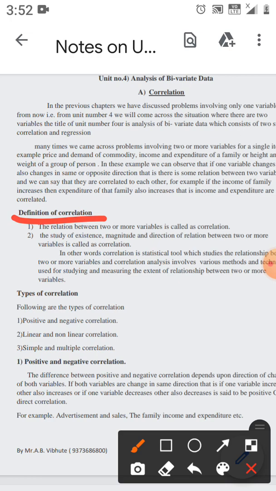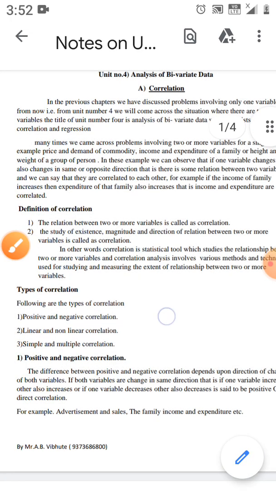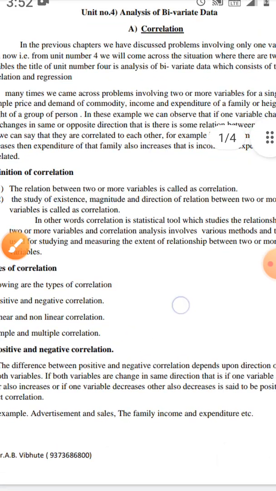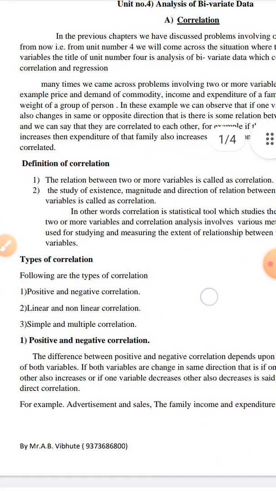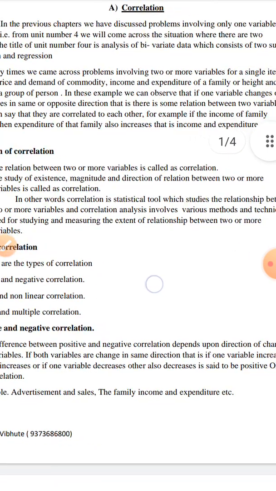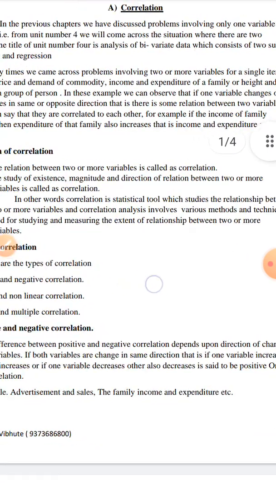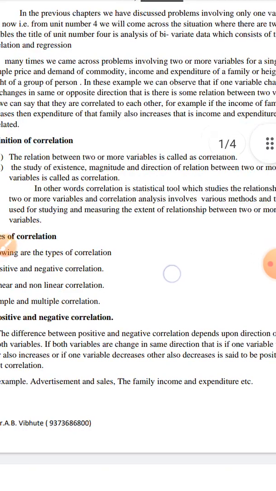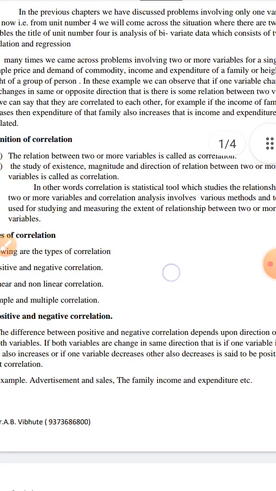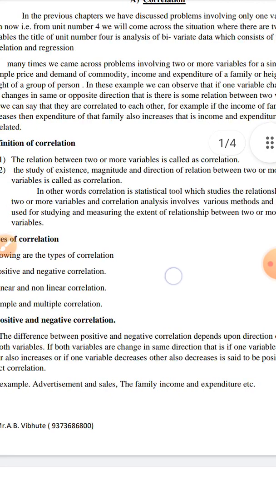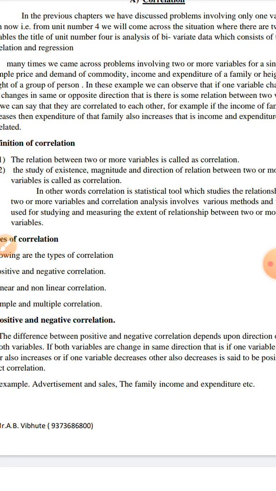In other words, correlation is a statistical tool which studies the relationship between two or more variables, and correlation analysis involves various techniques and methods used for studying and measuring the extent of relation between two or more variables. That is, if there is any relation between two or more variables, it is known as correlation, and whatever tools and techniques are used for measuring this correlation are known as correlation analysis.